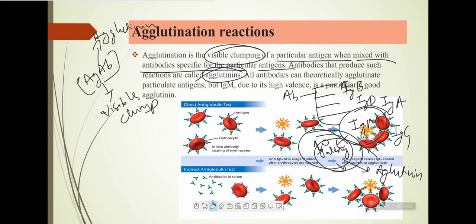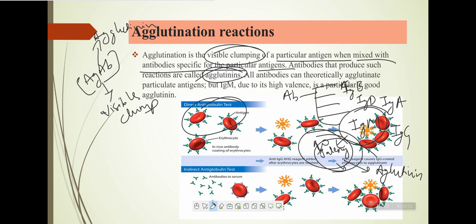There are two types of agglutination reaction. First is direct agglutination reaction, another is indirect agglutination reaction. In direct agglutination, we can't isolate serum. We take only a blood sample with erythrocytes.